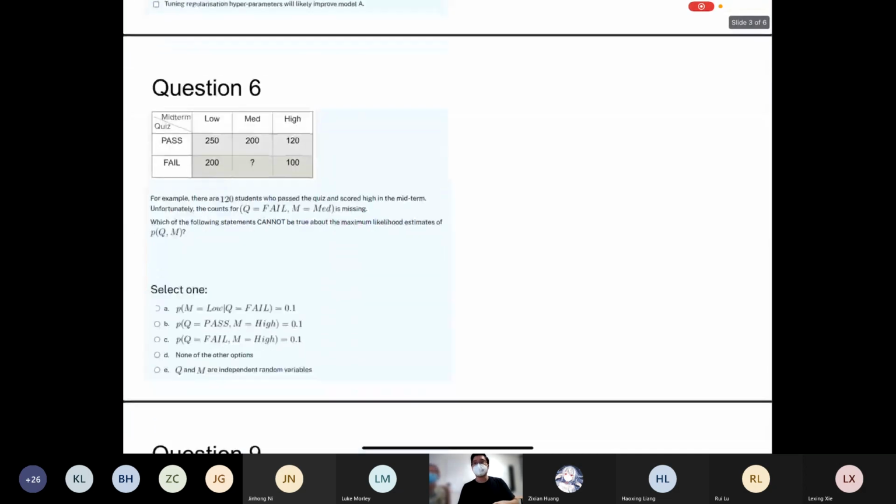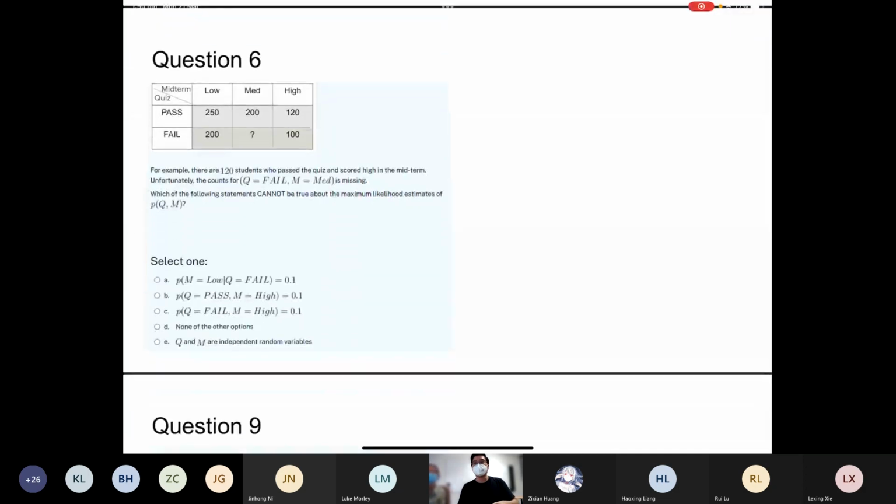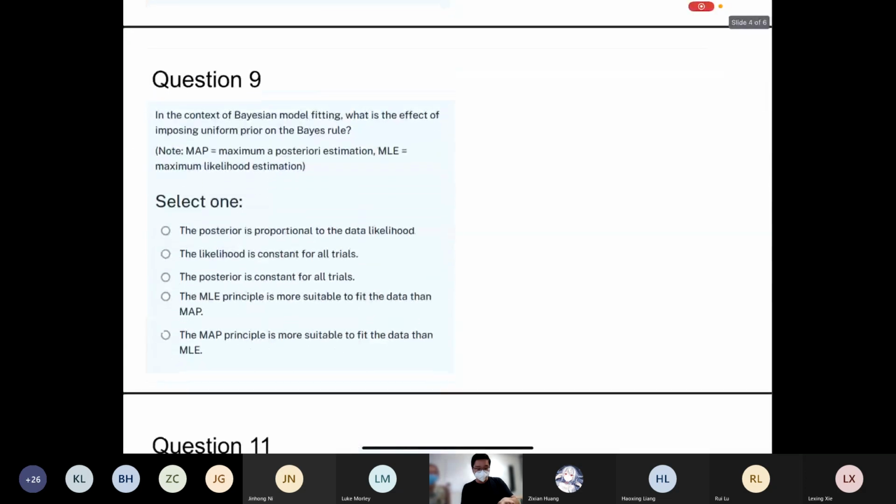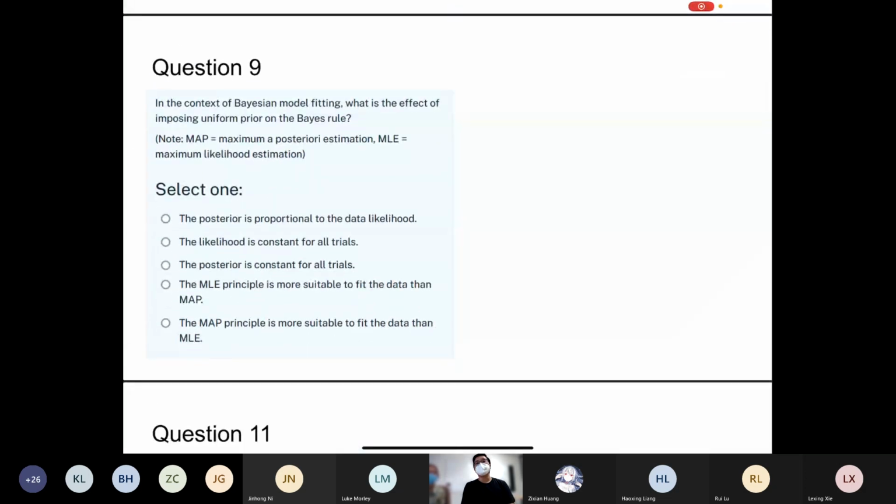Good question. So question 6 we already talked about. Question 9 asks about the difference between maximum likelihood estimation and maximum a posteriori estimation. I think most of you got it right, but quite a number of people chose either the second last or the last option. So what's the difference here?